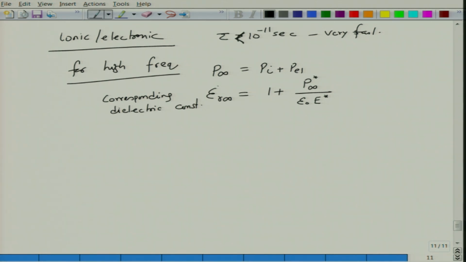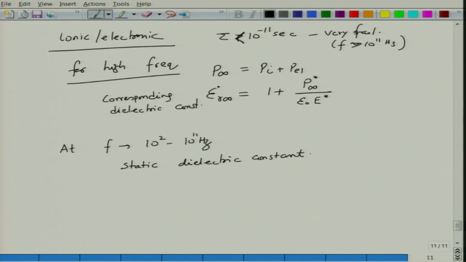And at frequencies between 10 to the power 2 to 10 to the power 11 hertz, which is now lower than this frequency because this frequency is bigger than 10 to the power 11 hertz. So, lower than this frequency we have another contribution which we call as static dielectric constant, which is epsilon r s star.